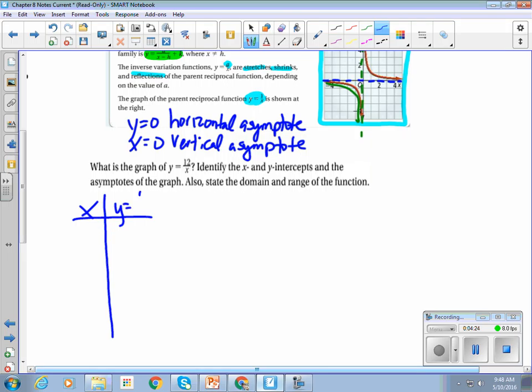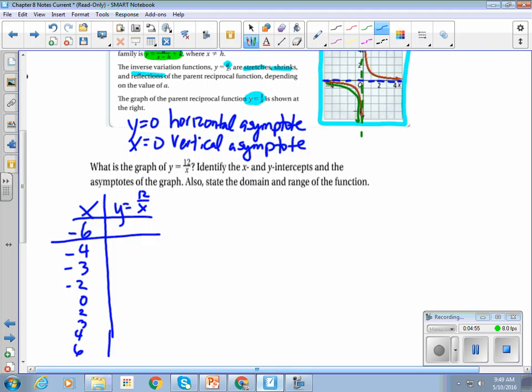So y is equal to 12 over x. I'm going to give increments. Let's go negative, things that 12 divides by: negative 6, negative 4, negative 3, 0, 2, 3, 4, and 6.